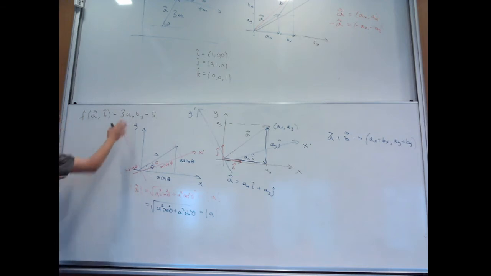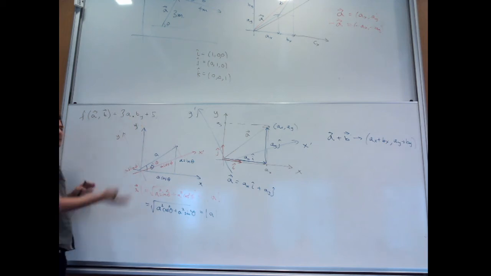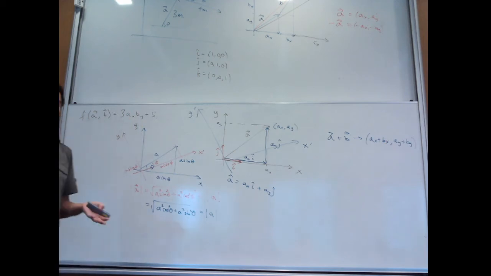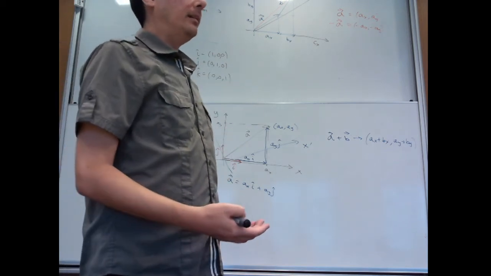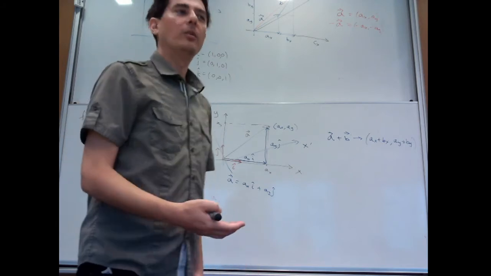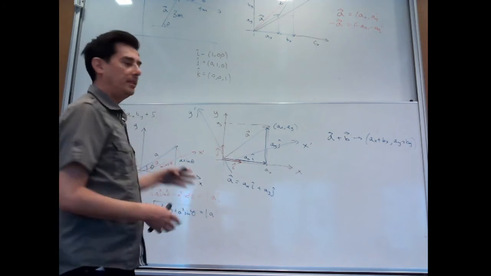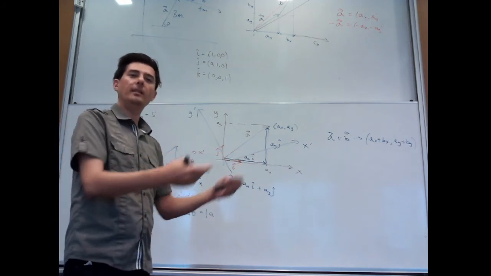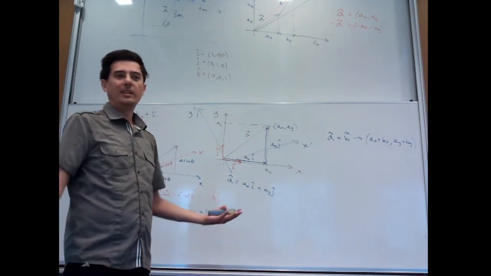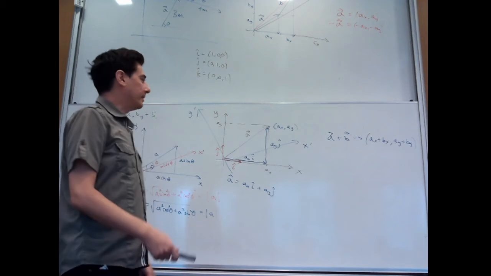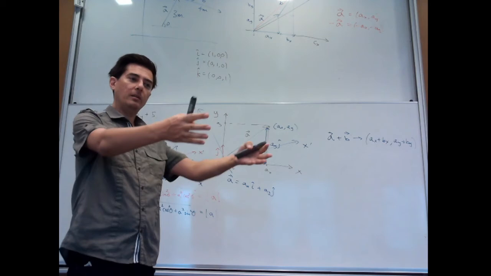If I choose a different coordinate system, I'm going to get a totally different answer for ax and by, and nobody would agree on what this thing is. If I calculated it, I'd get 3, then you'd get 5, and somebody else would get 10, so it's not very useful.